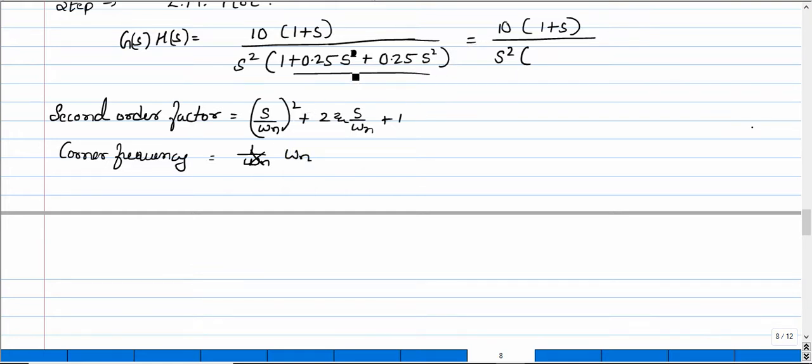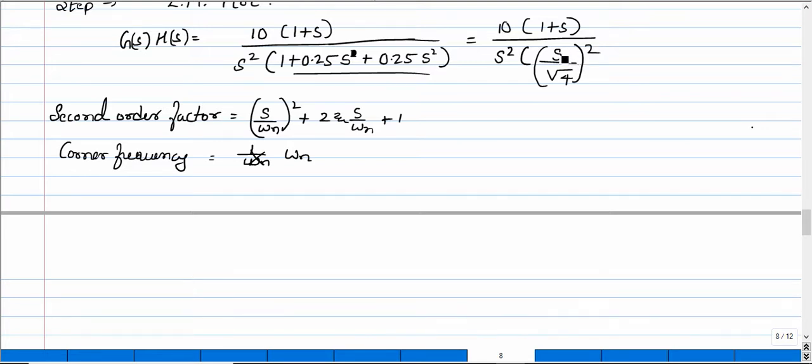How do we rewrite 1 plus s plus 0.25 s square in the standard form? Very simple. You take this 0.25 within the bracket, so I will be rewriting this as (s by root 4) whole square. What will happen if I expand this square?